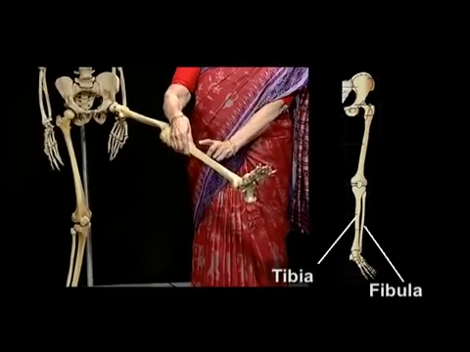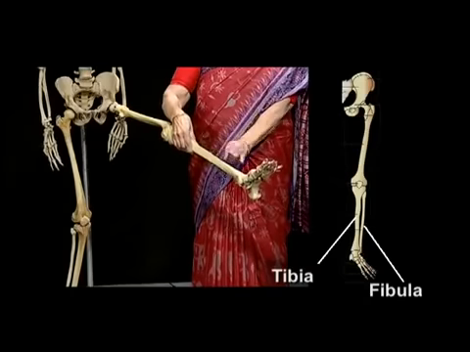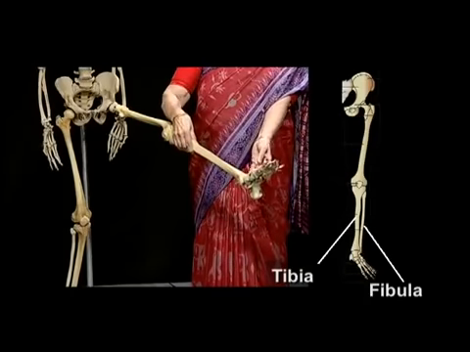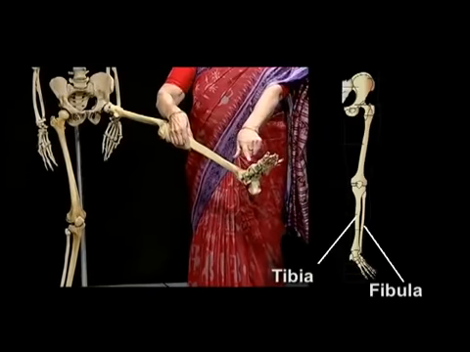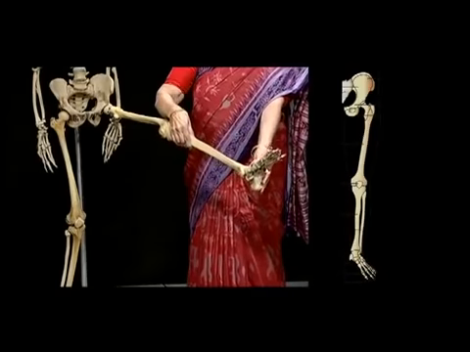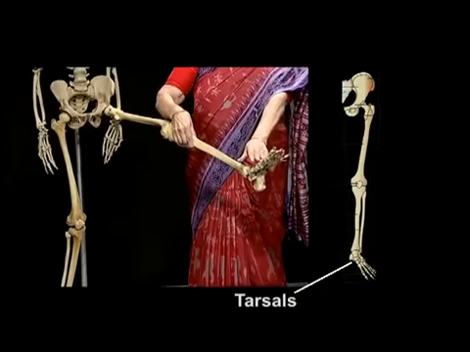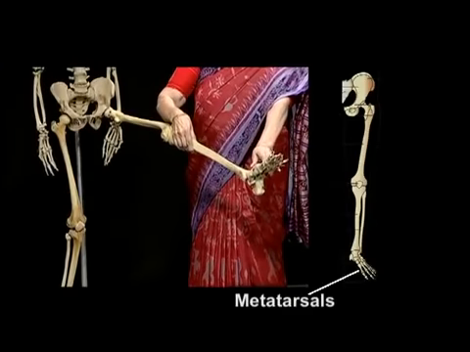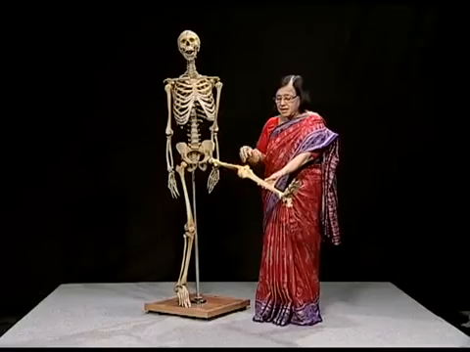The fibula is feeble, small or weak, length is equal, but otherwise it is thin, and it is also towards the small toe, and this is towards the big toe. Similarly, like in forelimb, it has tarsals 8, then 5 metatarsals in the feet, and then 14 phalanges or digits, that makes it 30. So, the leg also has 30 bones.